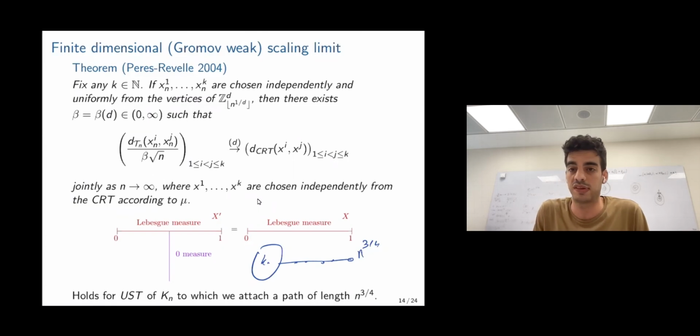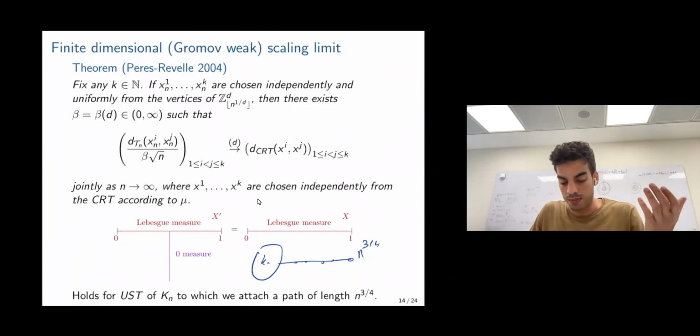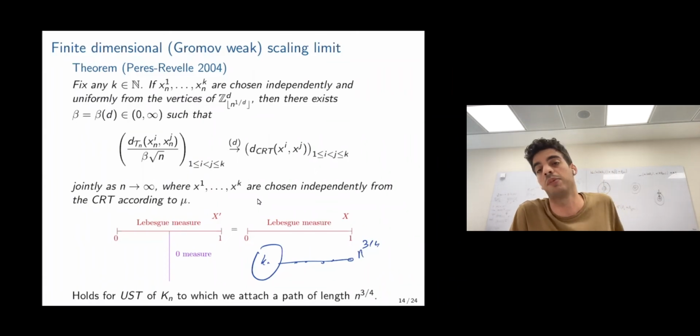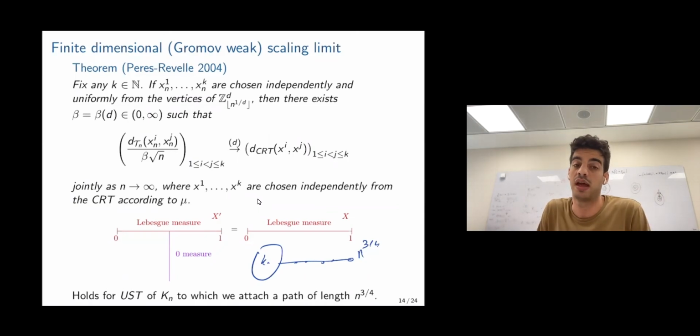So we still have this finite dimensional convergence, this convergence of distributions, which is also called Gromov-weak convergence. But we surely don't have a convergence of the rescaled diameter, because the diameter has to be larger than n to the 3/4.